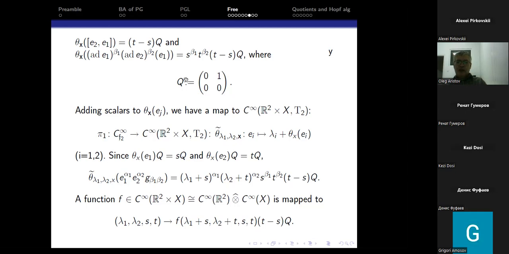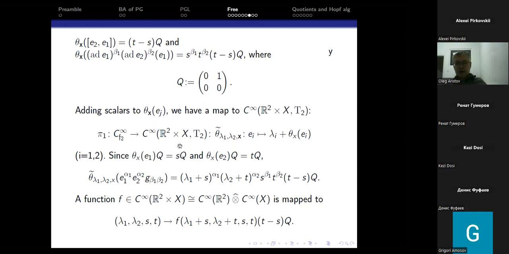And so we also need to include some freedom, not only for X, but for R2. So we add scalars to these matrices.